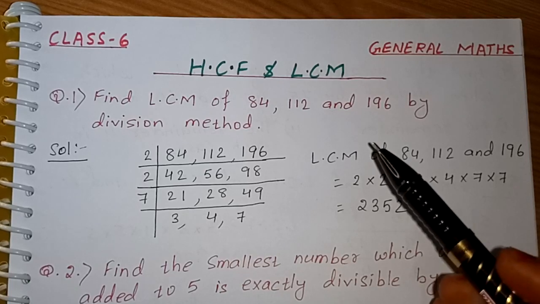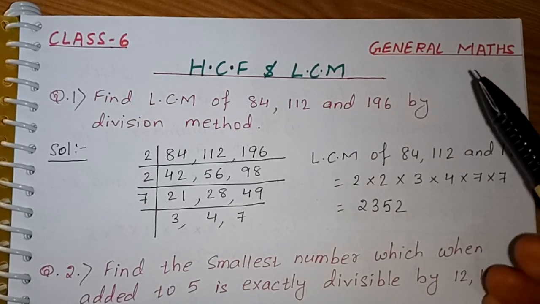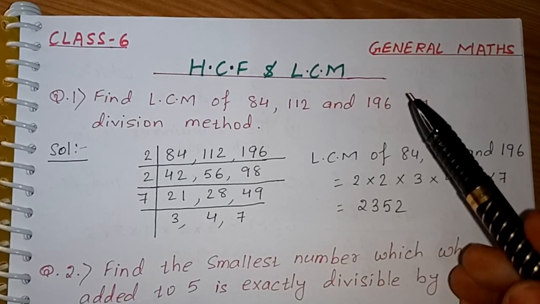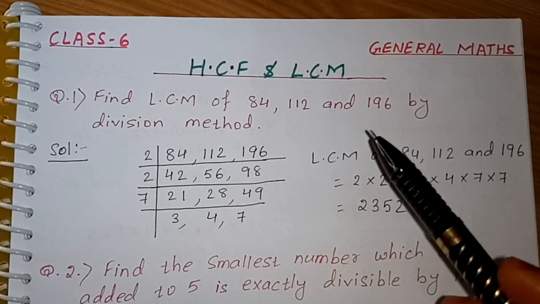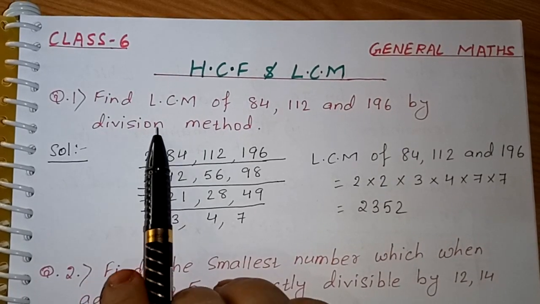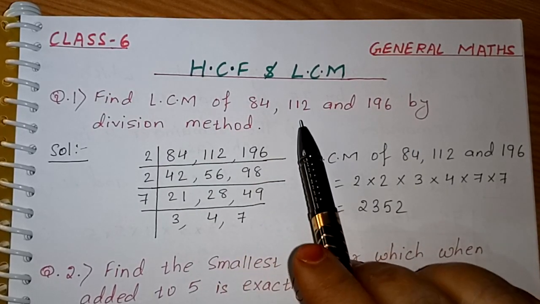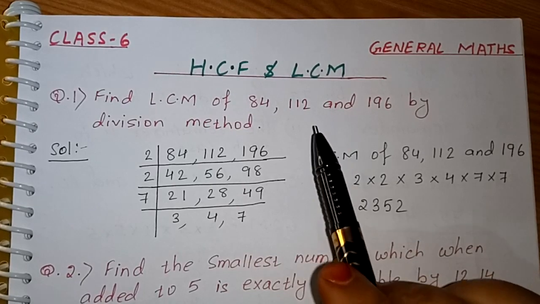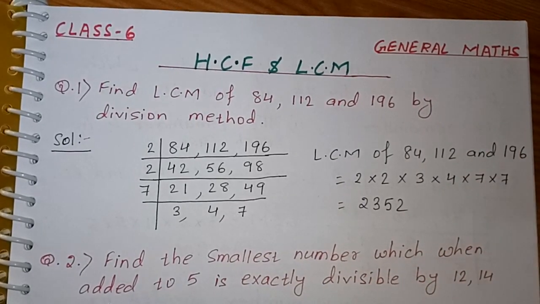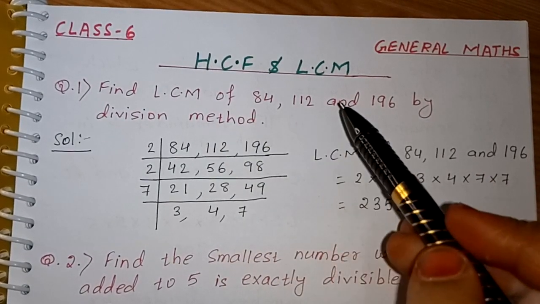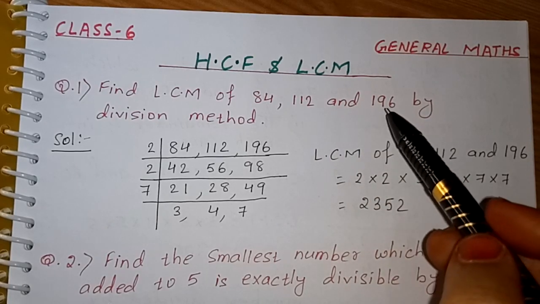Sometimes in the question the method is mentioned, sometimes it is not. If no method is mentioned, you can use any method, whatever is easy for you. But if the method is mentioned, as in this question, by division method, you have to use that particular method, otherwise there will be a cutoff. Okay, so this question: find LCM by division method of 84, 112 and 196.